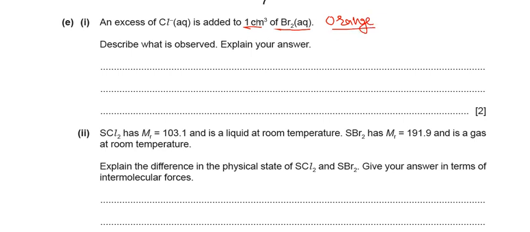But remember, as we go down the halogen group from top to bottom, their oxidizing ability is decreasing. So if we take an aqueous solution of bromine and add an excess of chloride ions, what happens? The bromine is not going to displace chloride ions into chlorine. So we can say no change takes place, no visible change takes place.